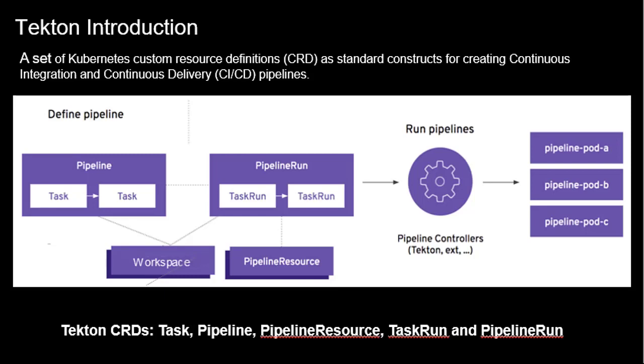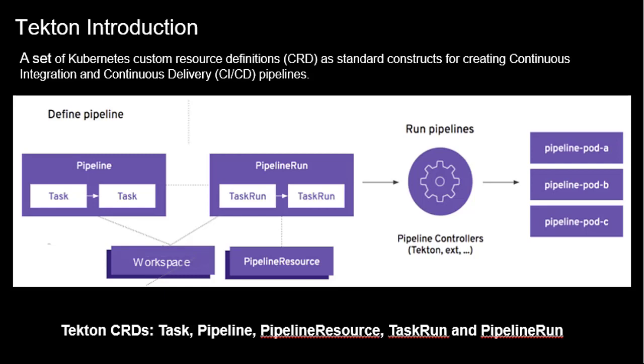Tekton and OpenShift Pipelines contain the following Kubernetes custom resource definitions and can be described as follows. A task is a sequence of commands or steps that are run in a separate container in a pod. A pipeline is a collection of tasks that are executed in a defined order. Tekton resources include inputs such as a Git repo and outputs such as an image registry to a pipeline.